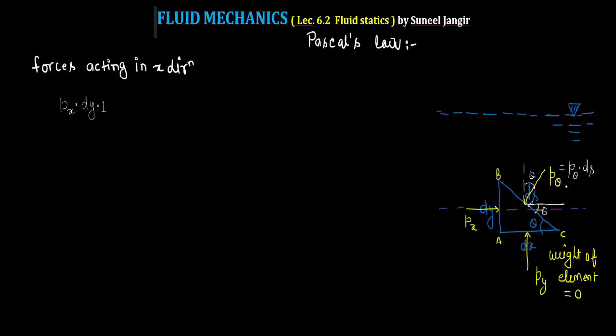So the component of this force acting in the x direction, resolving towards this side: if I'm resolving along the theta side, this will be cos theta. If I'm resolving along this side, this will be sin theta. So this is P theta ds sin theta.